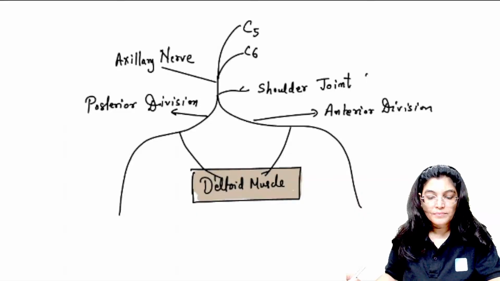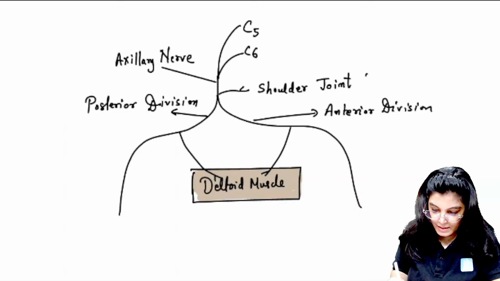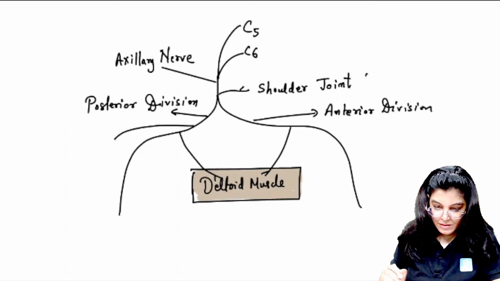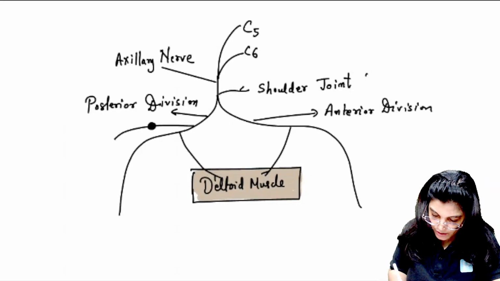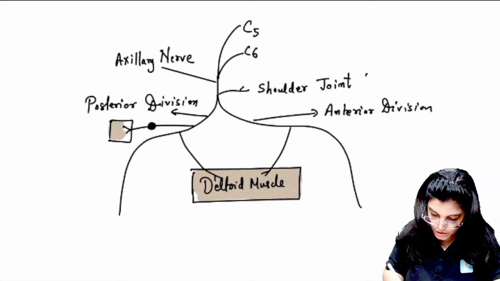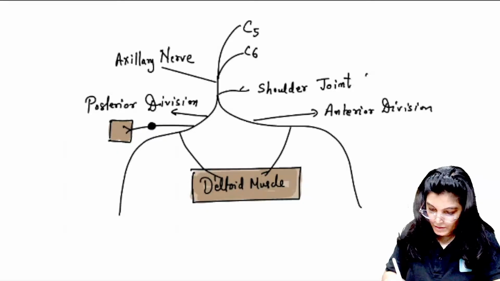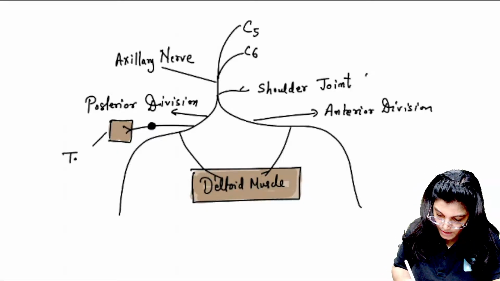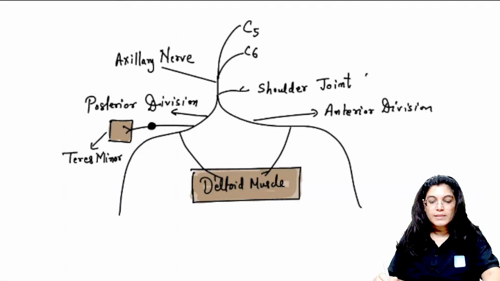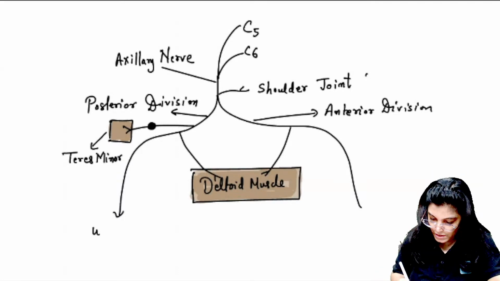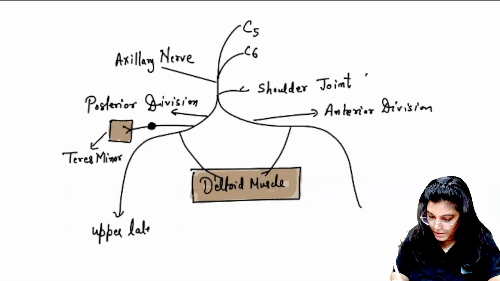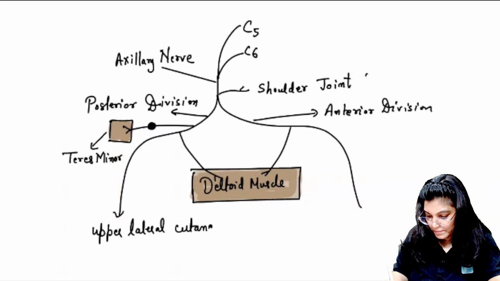Got it? Now the posterior division of axillary nerve is giving a pseudoganglion, and it gives innervation to a muscle. Which muscle is it giving innervation to? It is giving innervation to teres minor muscle, and the posterior division will continue as the upper lateral cutaneous nerve of arm.